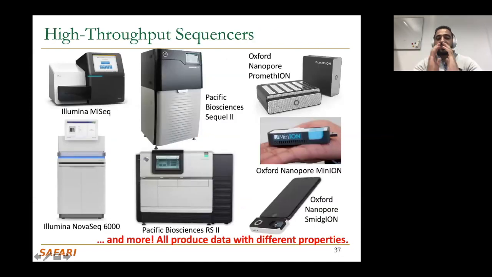They can be small in size, they can be very large, and they can generate different output. We have different specs for these machines, such as the accuracy, the read length, the cost per read, and so on. So we have many options to perform what we call genome sequencing.